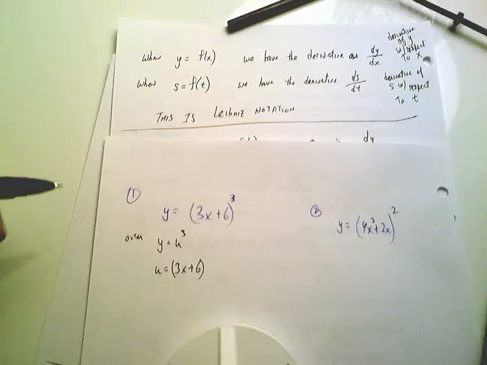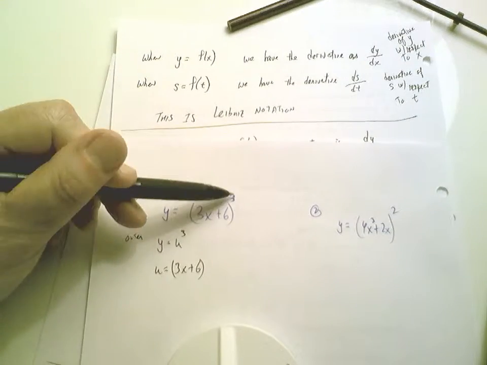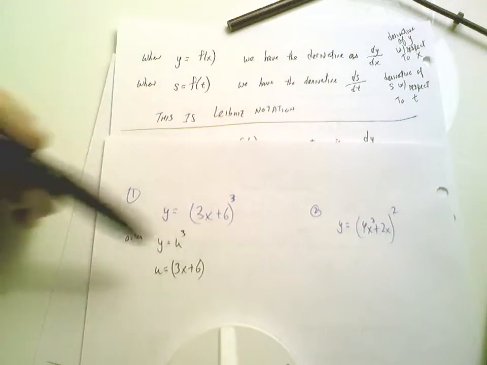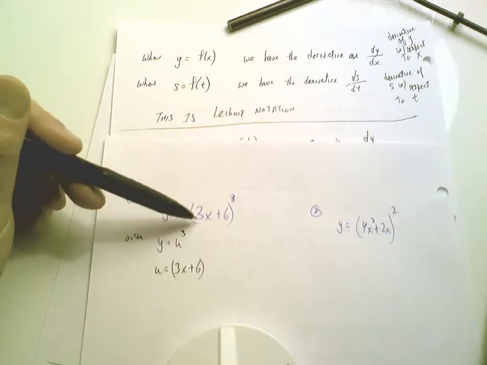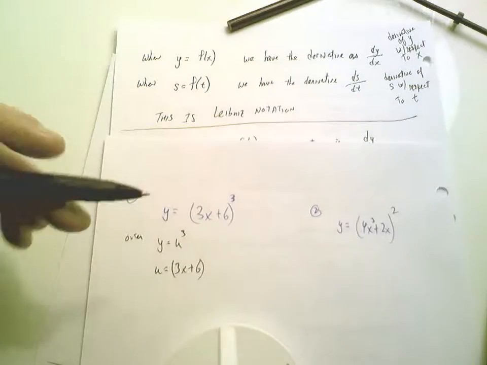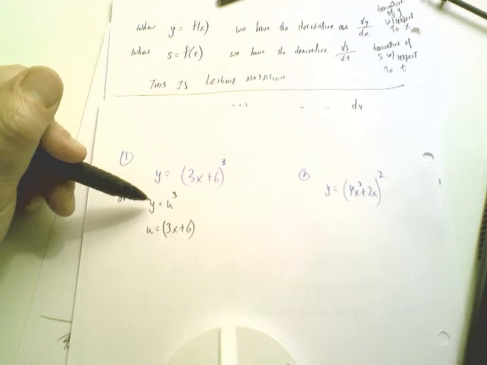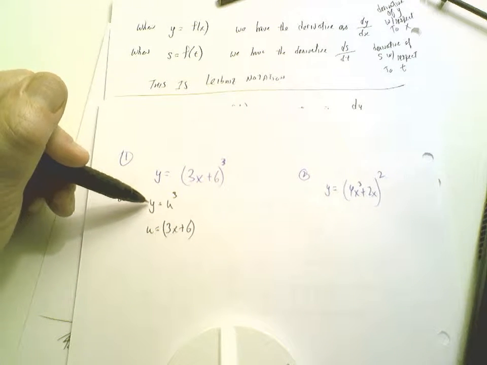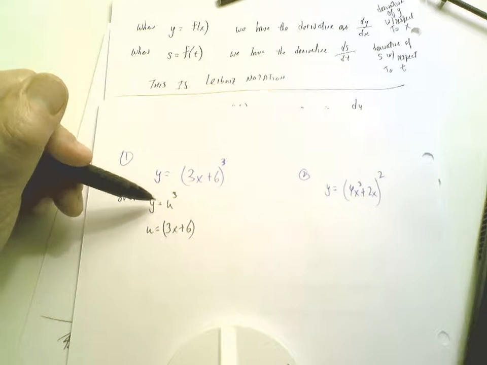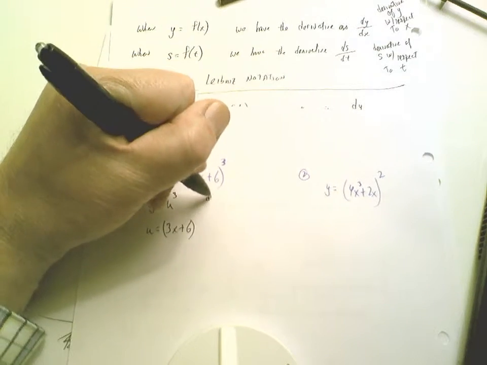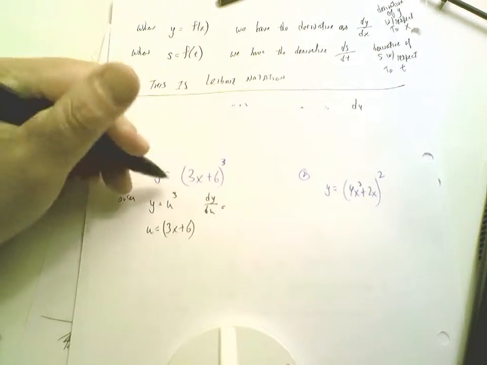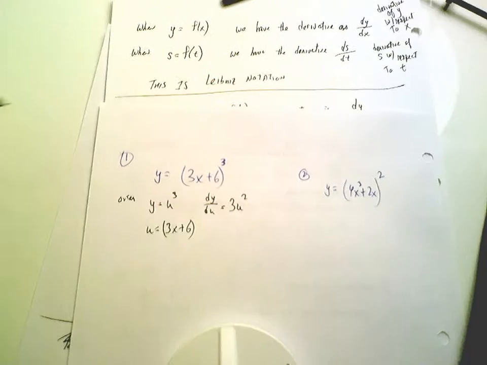There I go. There's my outer function, which is the cubing function. What's the thing that I need to cube? What's my u? 3x plus 6. So how will this then work? Well, what can I say? What's the derivative of y with respect to u? dy du equals 3u squared.